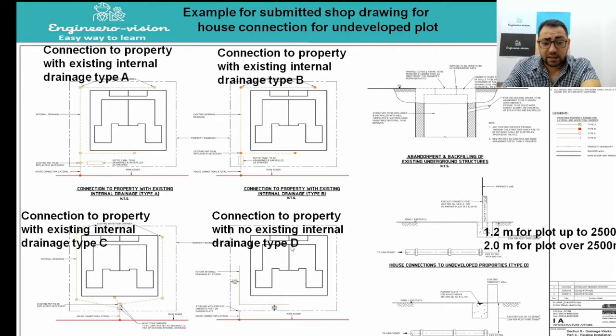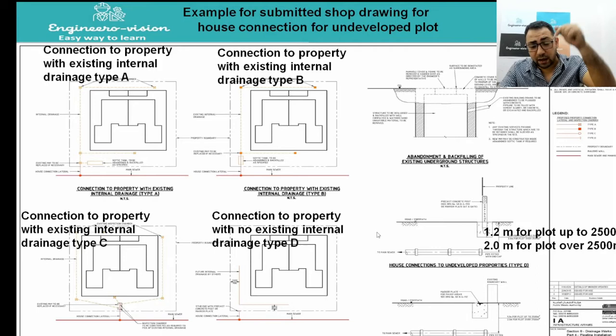The last one is the type D connection. Type D connection is mainly for the future house connection or for undeveloped plots where there is no internal drainage system. And in this case, we will only take that lateral connection or house connection to the plot boundary as it is shown here.